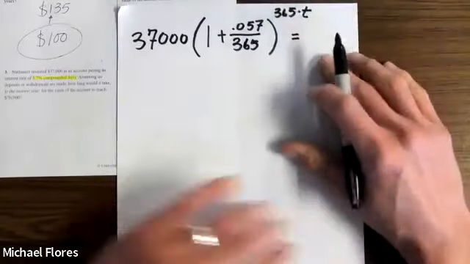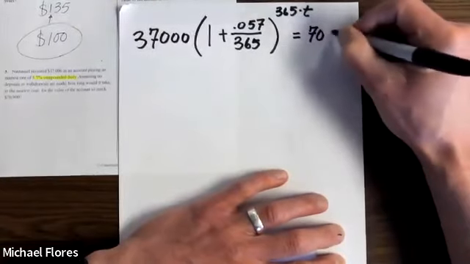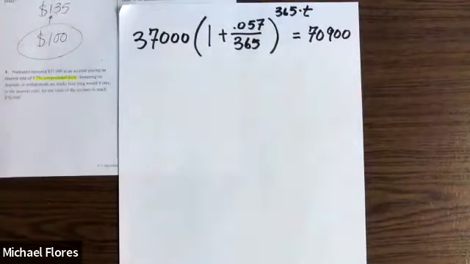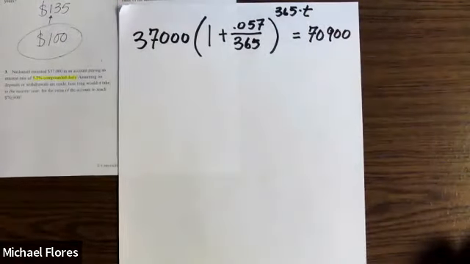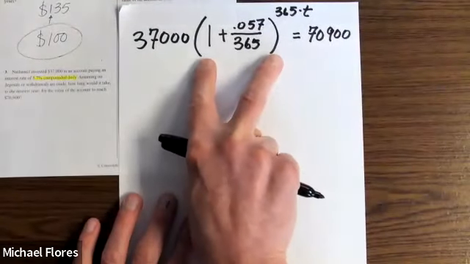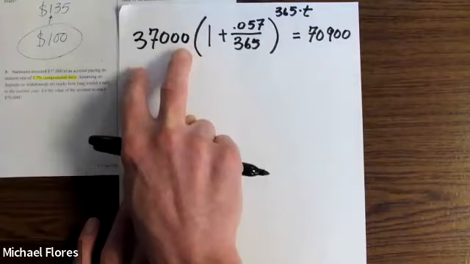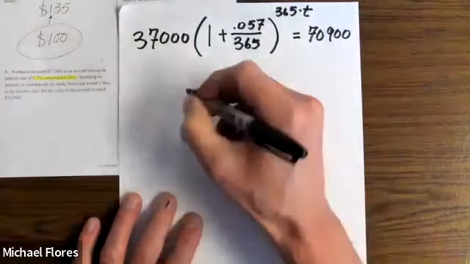We want it to accrue to 70,900. All right, so whenever we go to solve this problem, we have to solve for t. We want to isolate the base here and the exponent. So we have to get rid of this first. In order to do that, divide both sides by 37,000.